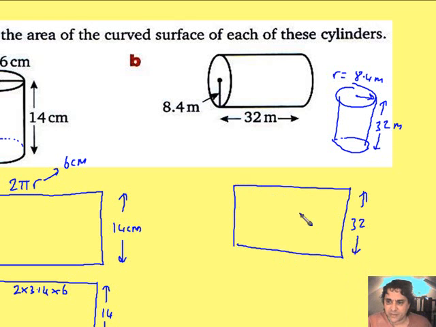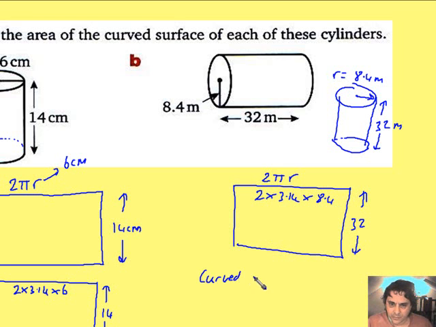Okay, I've unwrapped it now, and the length will be 2 times pi times radius. In other words, 2 times 3.14 times the radius of 8.4. And here we go.